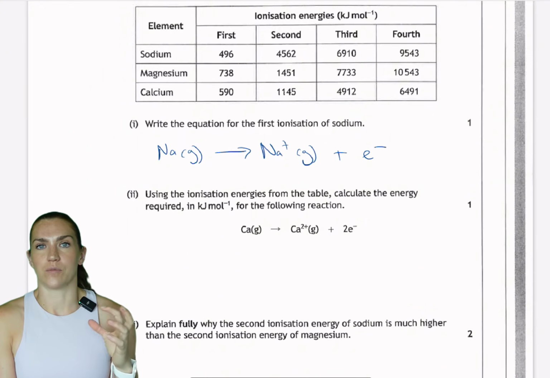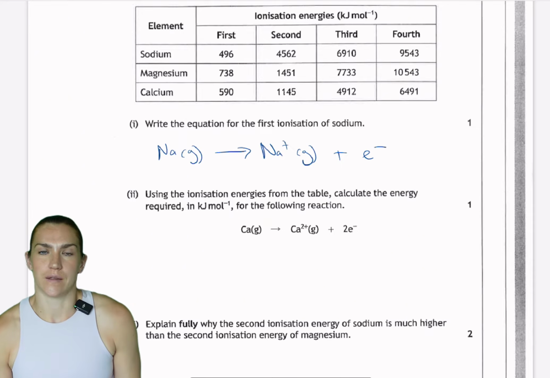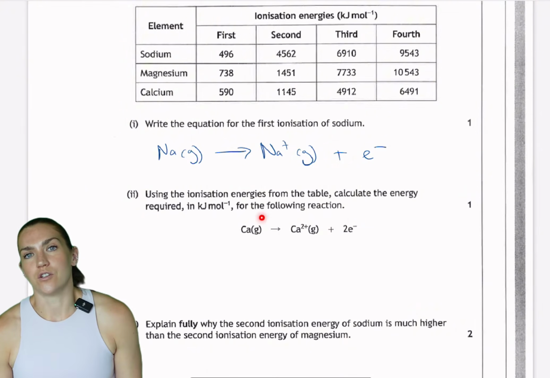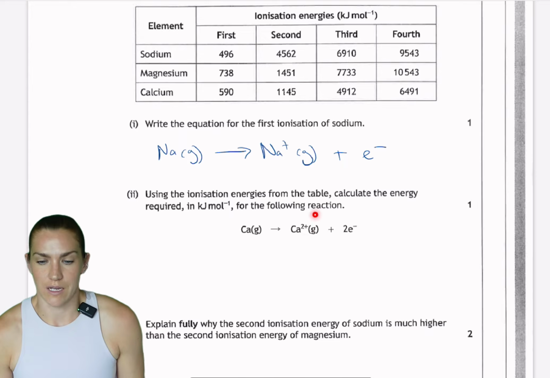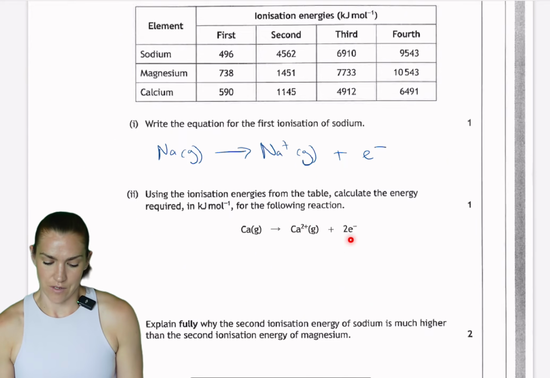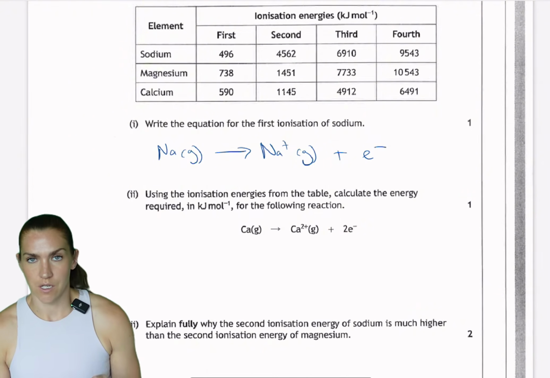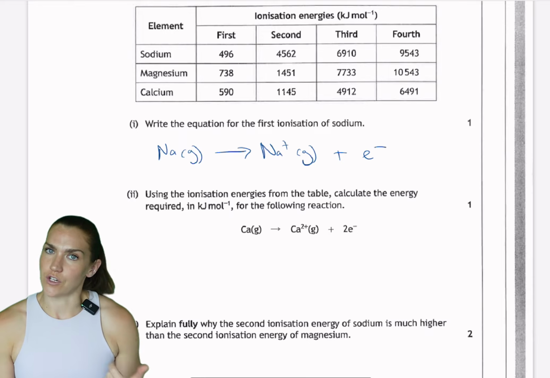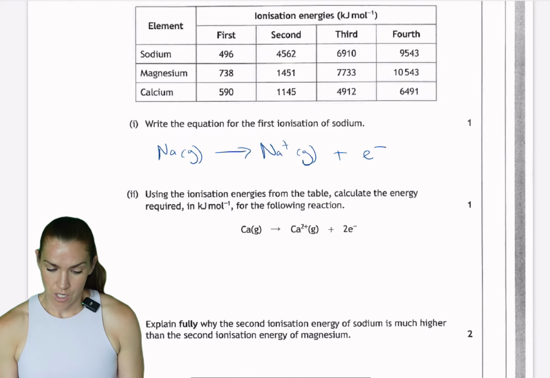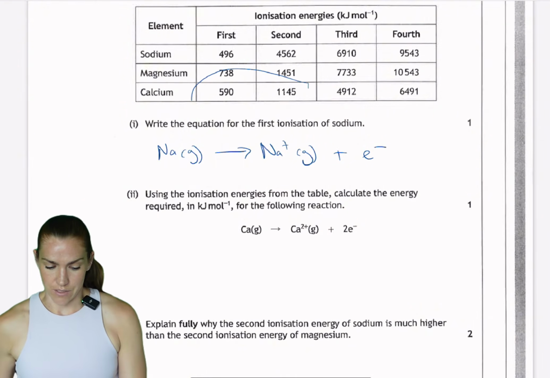So we're going from a neutral calcium atom to a calcium 2+ ion, and you can see how many ionizations have taken place because there's 2 moles of electrons, so that tells us 2 ionizations have happened. So if we're going from the neutral atom to a 2+ ion, that means we've undergone the first and the second ionizations. So we need to add up the first and second ionization energies for calcium.